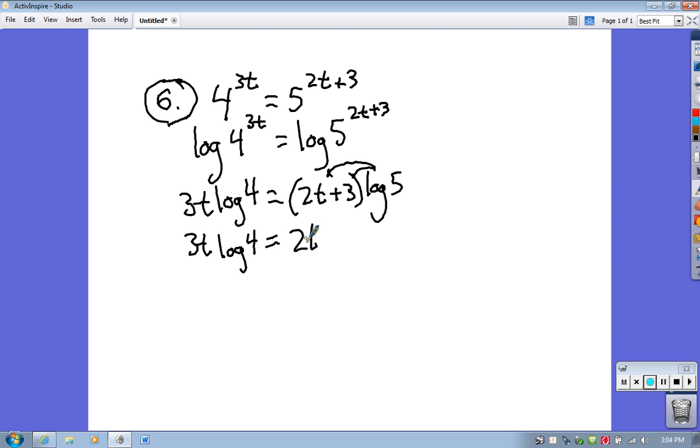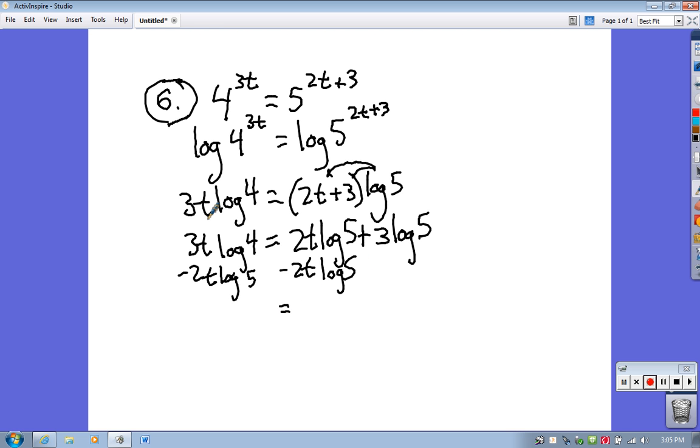So then I have 2t times log base 10 of 5 plus 3 log base 10 of 5. And notice this 3 log 5 is just a number. Then I have this 3t times some number, and 2t times some number. So I'm going to subtract 2t log base 10 of 5 from both sides, and you'll see why in a minute.